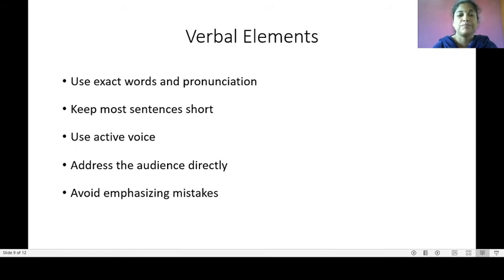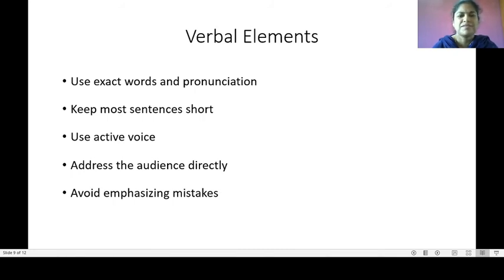This is very important. Address the audience in active voice and address the audience directly. Tell them directly. You address them in a direct voice.